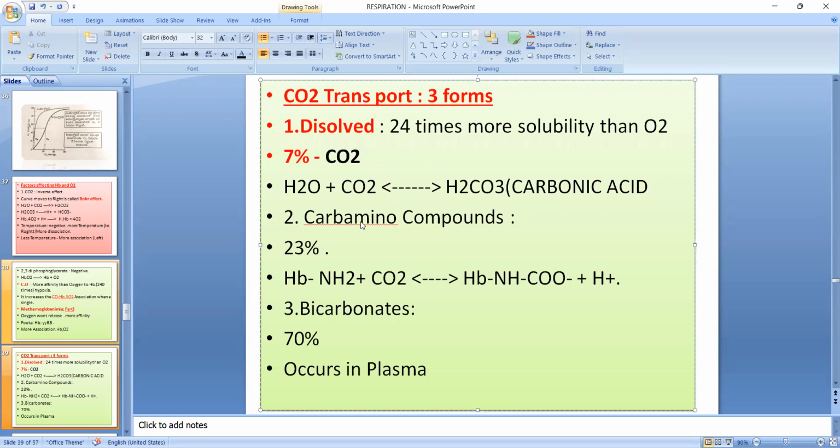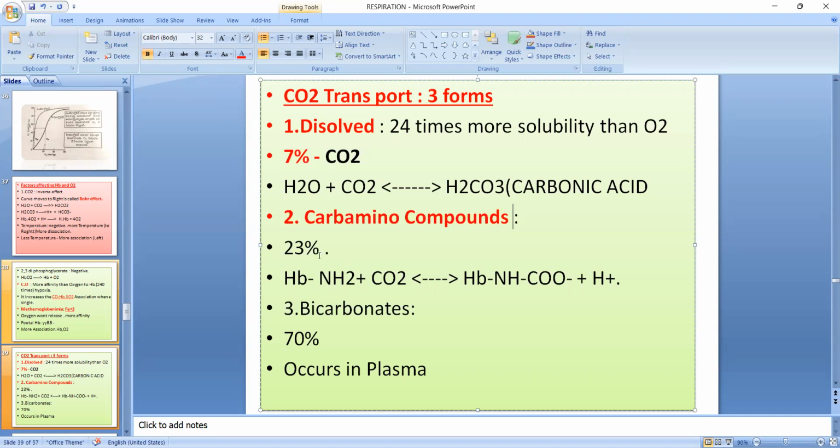And second form of transport of carbon dioxide: about 23% of carbon dioxide is transported in the form of carbamino compounds. In plasma, blood plasma, there are many proteins present which are made up of amino acids which contain NH2 functional group.